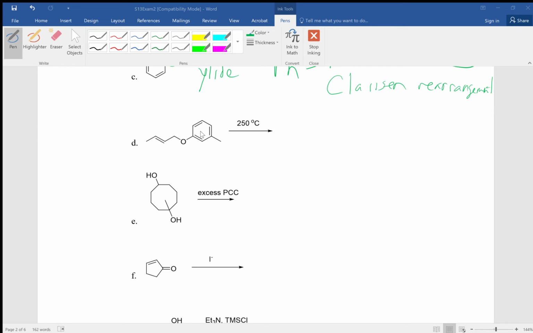But what happens here is we get a series of electrons to move and end up with the group that's on the oxygen shifting over 1 carbon and giving us an alcohol.